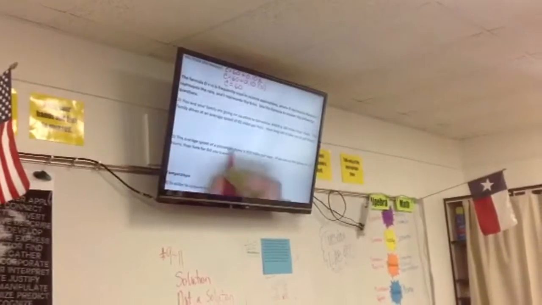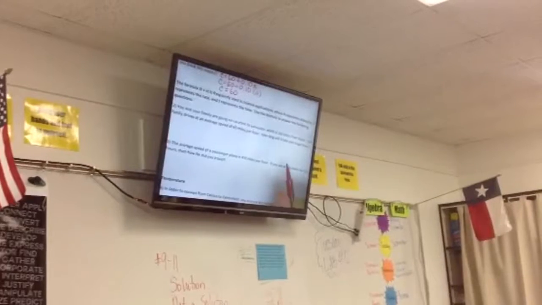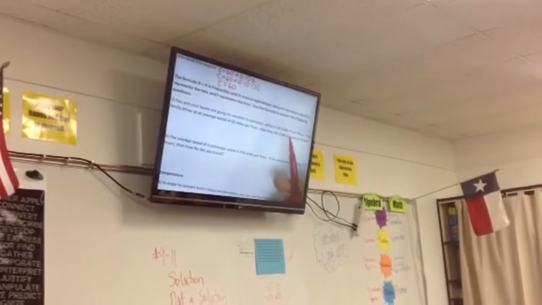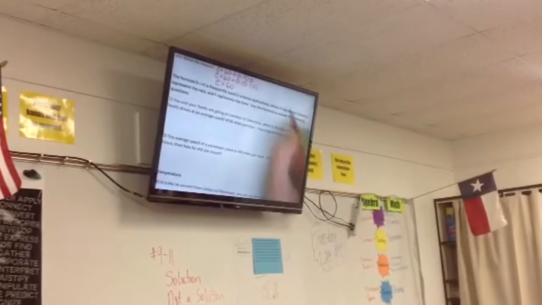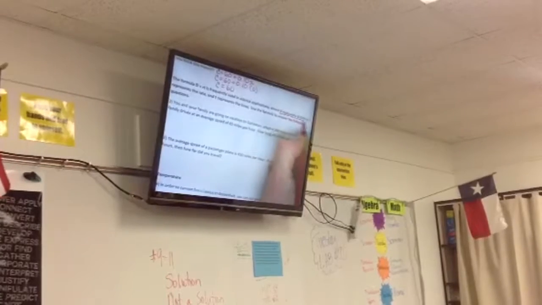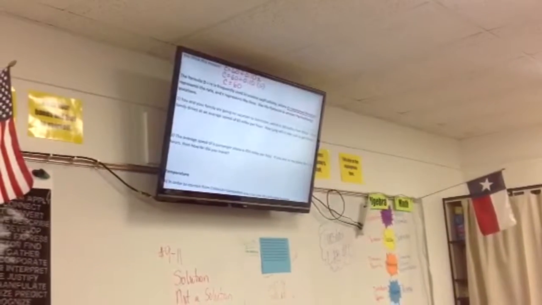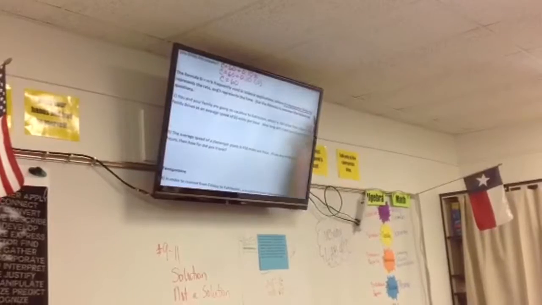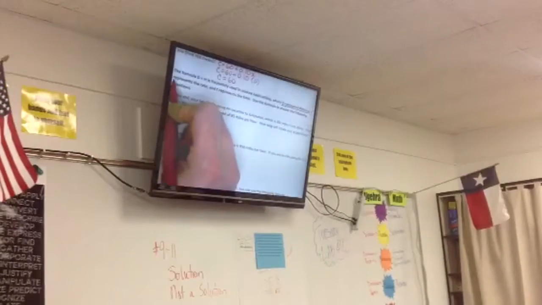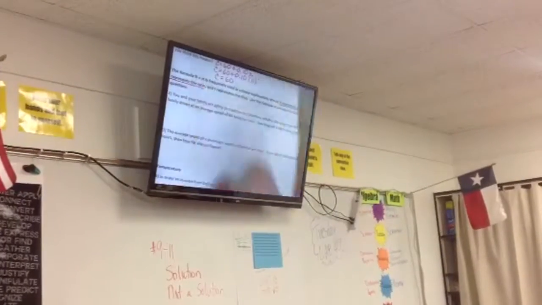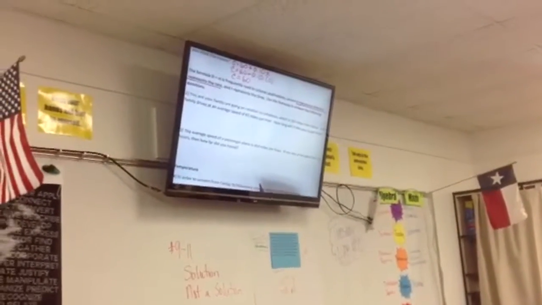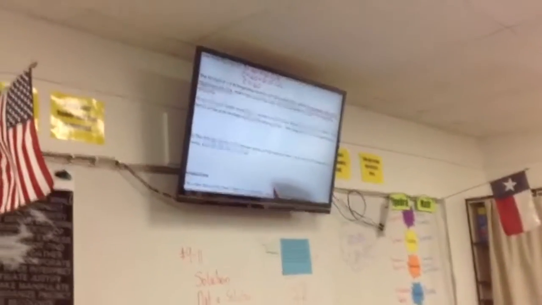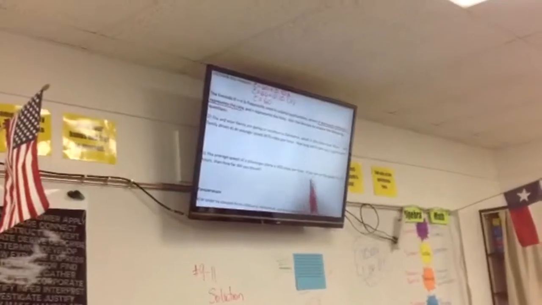D equals RT. Great. And what does the D represent? Distance. Will you underline that, please? D represents distance. What does R represent? Rate. Which is what? How fast it's going. Rate is always going to be in something like miles per hour or feet per second or something to that effect.